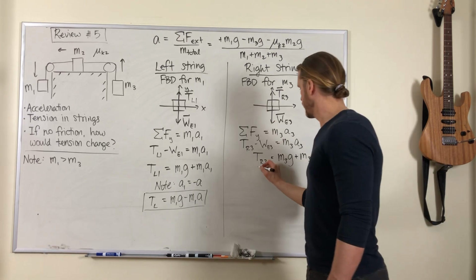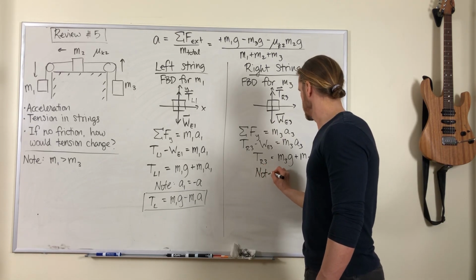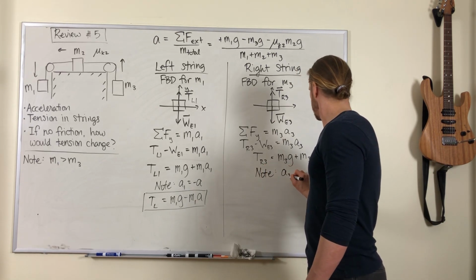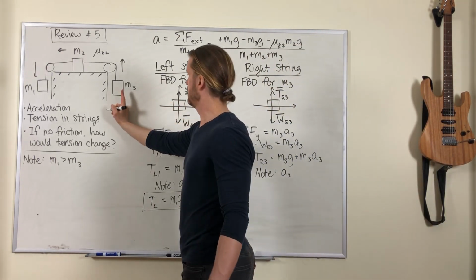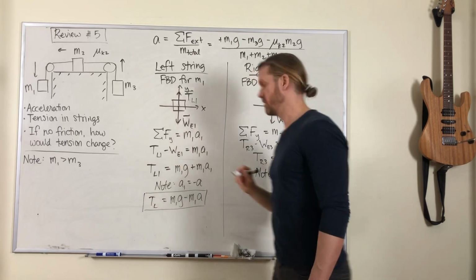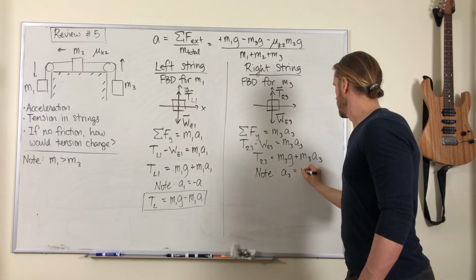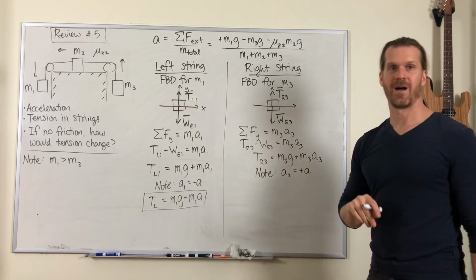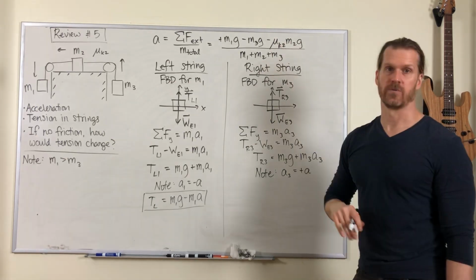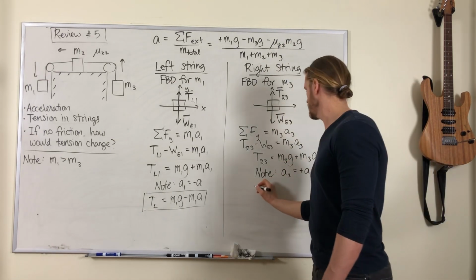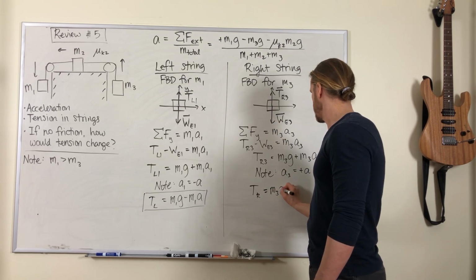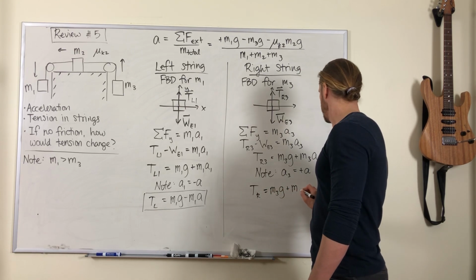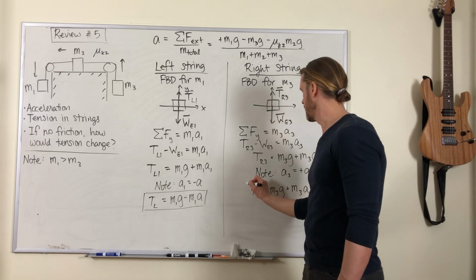And this time we note acceleration of mass 3 is upward. So it equals positive this value A. And that means that the tension in the right string is M3G plus M3A.